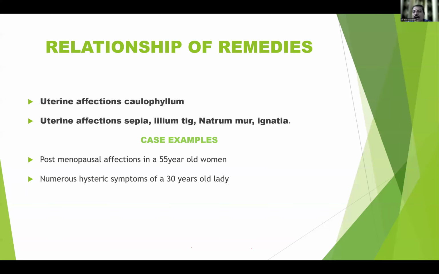Families are different, but the order is the same for both remedies, and both have a strong affinity for the female genital system.